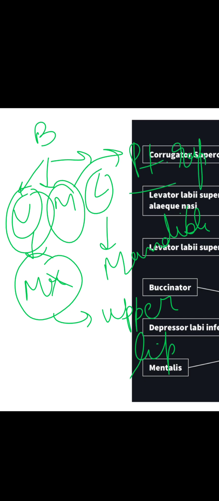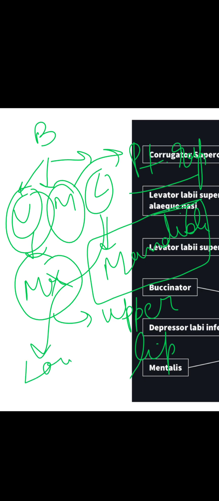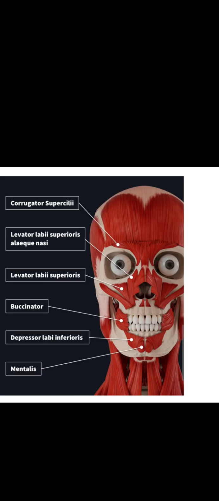Middle fibers originate from the pterygomandibular raphe, and these fibers decussate. While the lower group of fibers have their origin from the mandible and insert onto the lower lip.